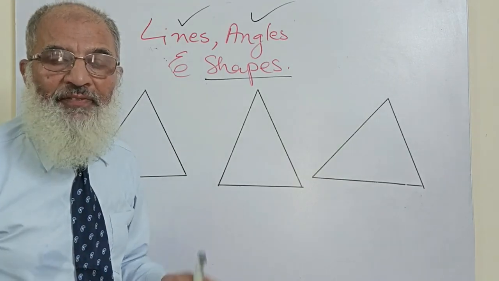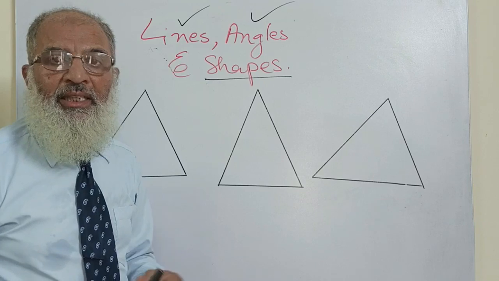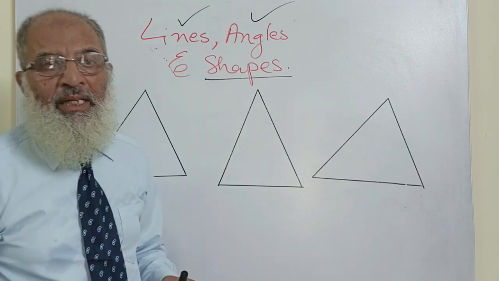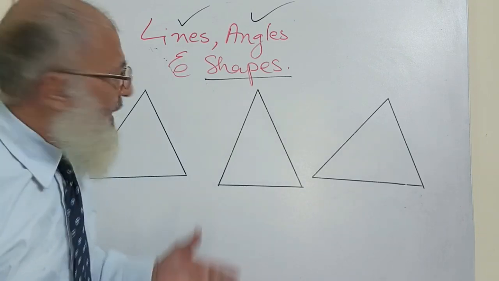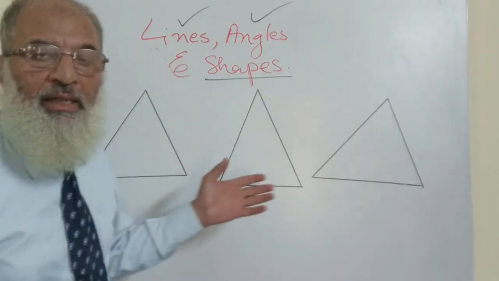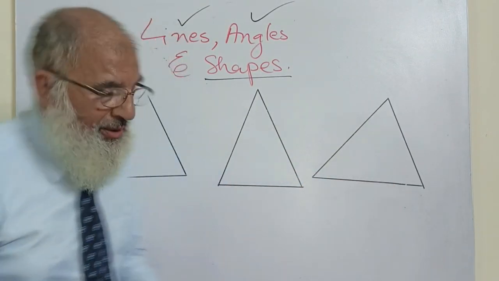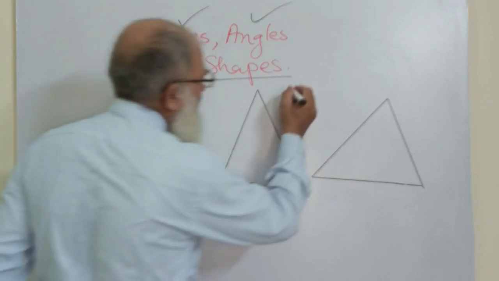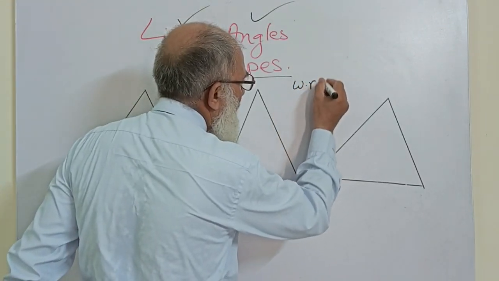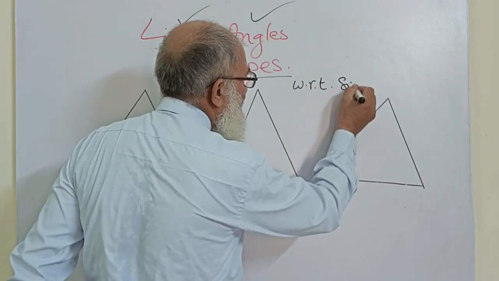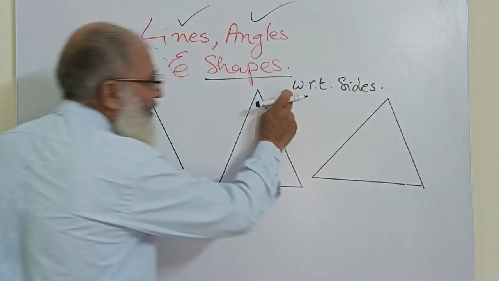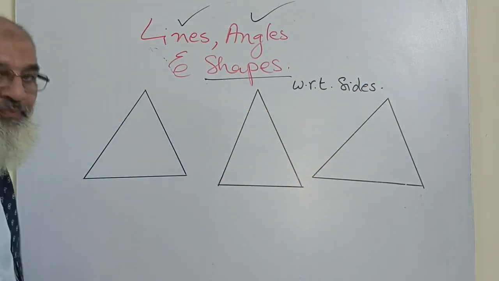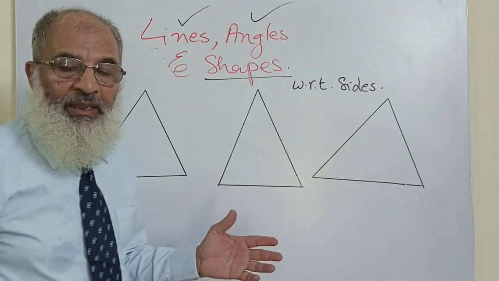Now we can classify the triangles in two main classifications, and they are: number one, with respect to their sides. With respect to their sides. Now what does it mean?